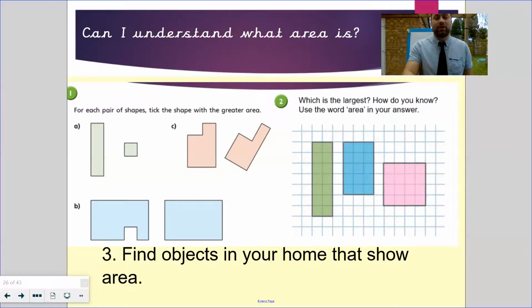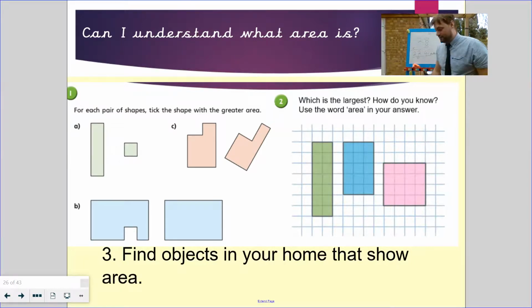And then challenge number 3, I want you to go around your house and have a look for items in your house that show area. For example, it could be the lid of a tin. Okay? I want to find out the area of that. It could be my whiteboard here. I want to find out the area of the space inside my whiteboard. Okay?